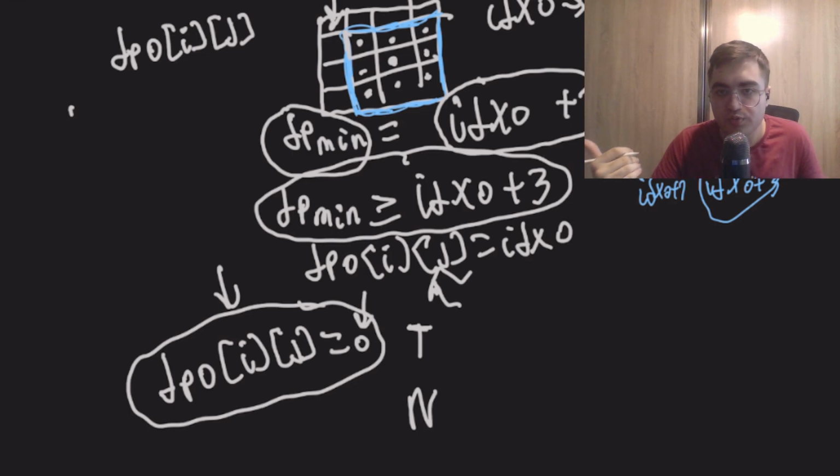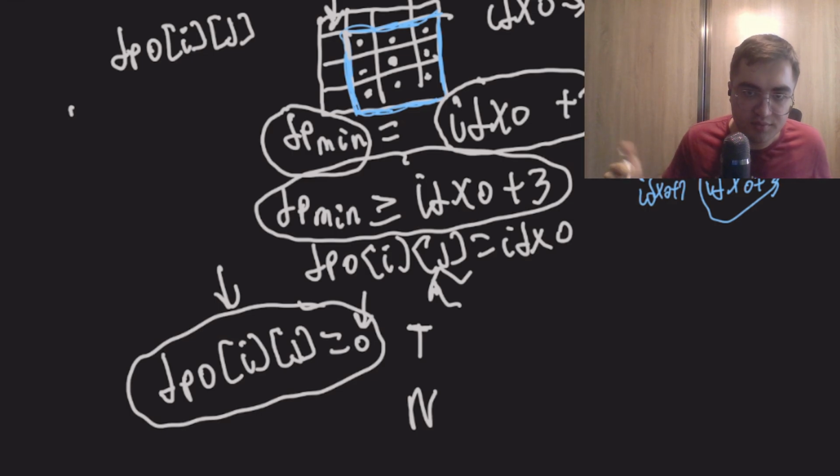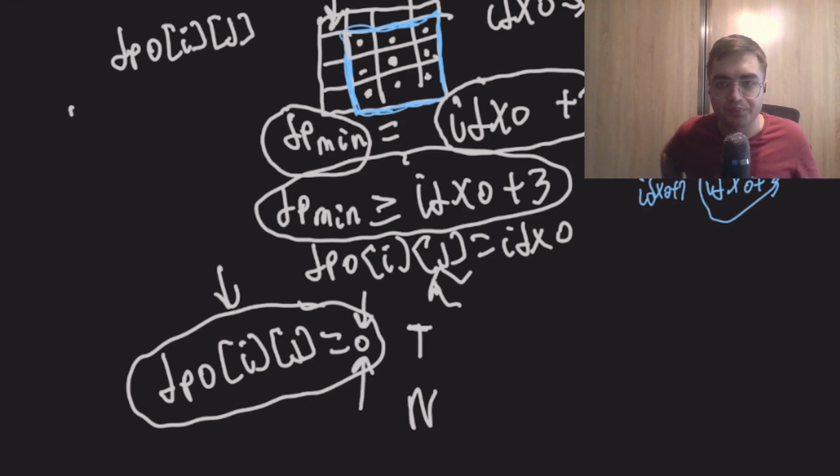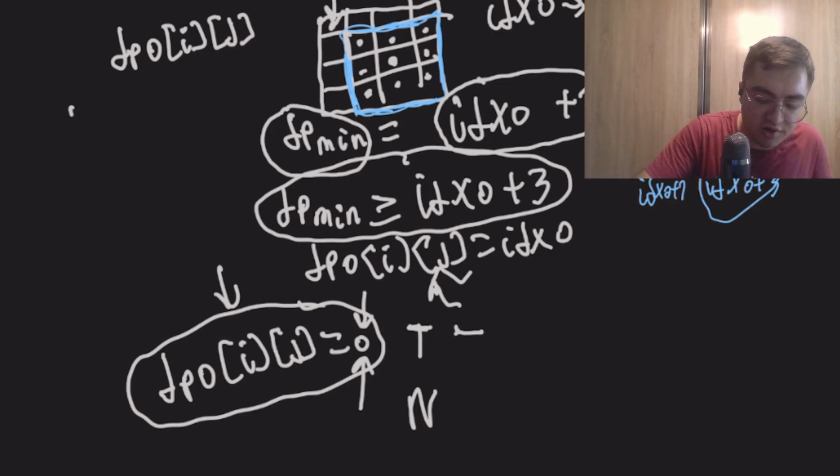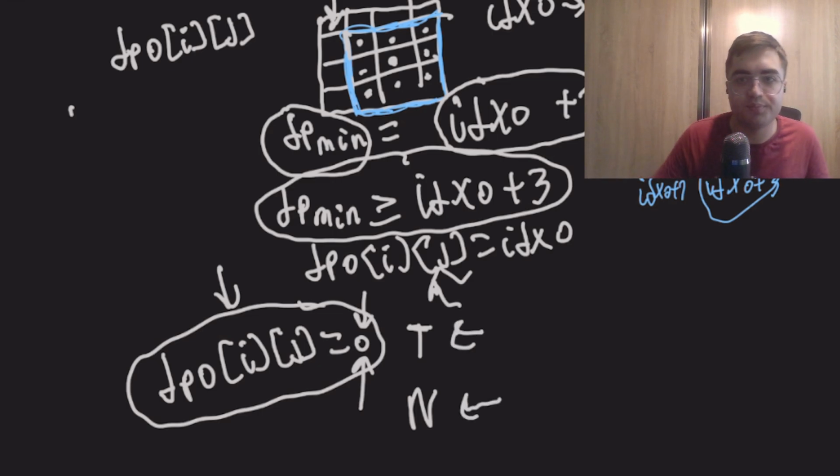So they can choose which subrectangle to start from, right? The only thing you need to make sure is that they can win if they start from the beginning of the array, which means that it's just equal to 0. Now, if this holds, then you output t. Otherwise, the second player wins.